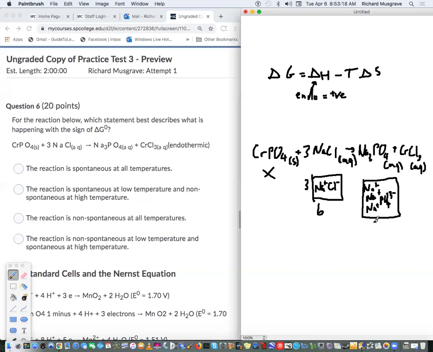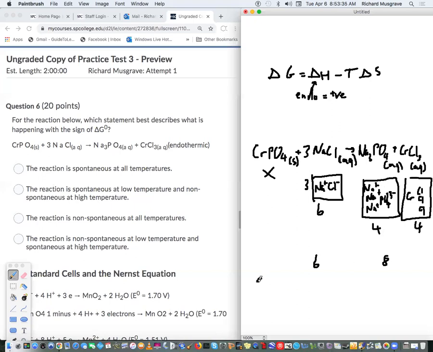And that's going to be 4 species, and the other one is 1 Cr with 3 Cls. That's going to be 4 species as well. So the total is going to be 6 on this side and 8 on this side.